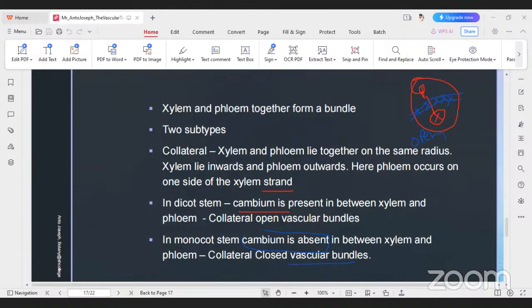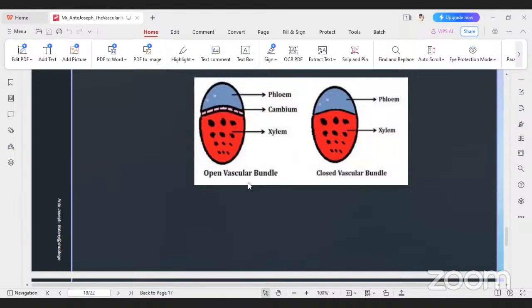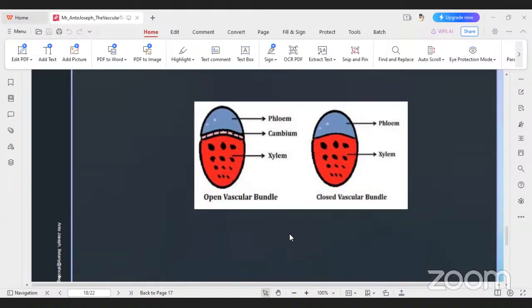The best example is the monocot stem, right? Another one is concentric. Here is a clear diagram: open vascular bundle with cambium, closed vascular bundle without cambium. Are you able to see the diagram? Yes, sir.